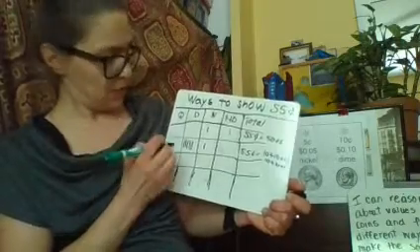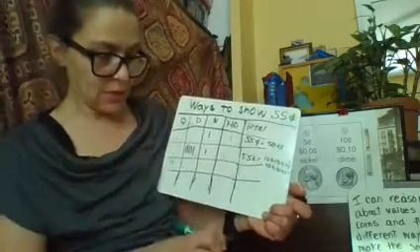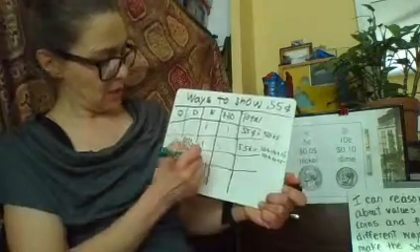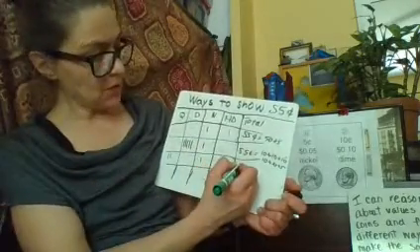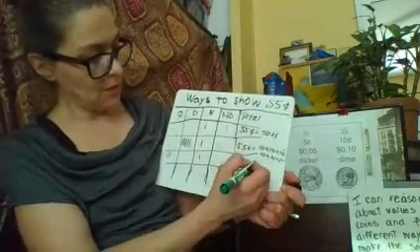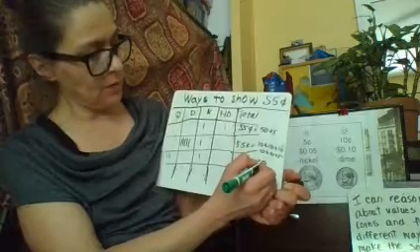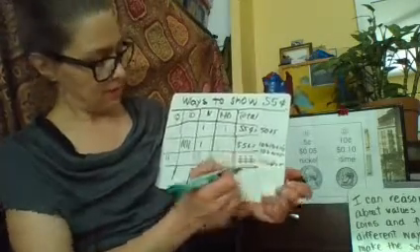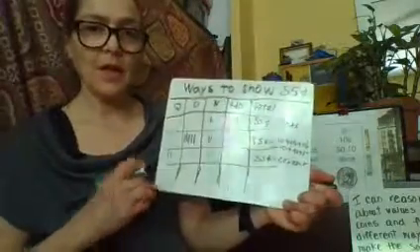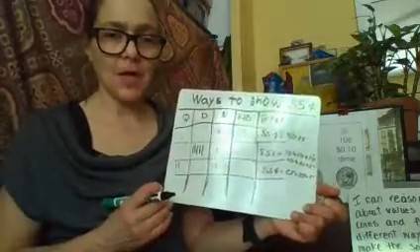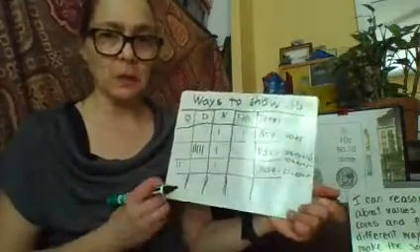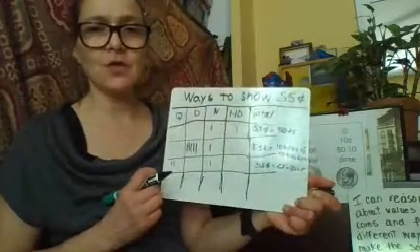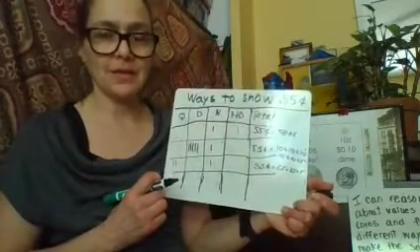If you had quarters, you can use 2 quarters, and I think Tony has quarters, and 1 nickel. And that would also equal 55 cents. So we'd have 25 plus 25 plus 5. Okay? There are different ways, many combinations. The greater the total, the more different combinations you can make with the coins.